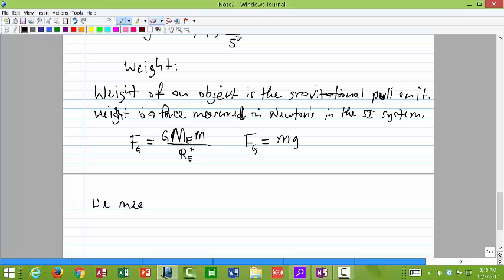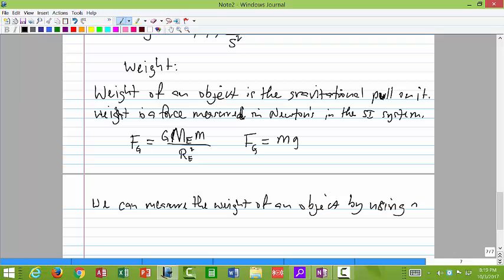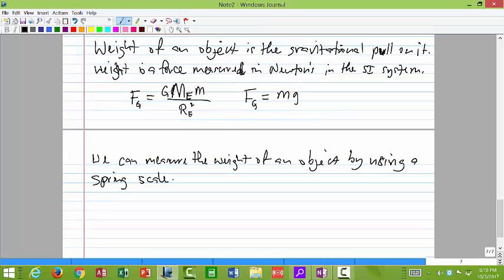So we can measure the weight of an object by using a spring scale. Okay, so we measure the weight of an object by using a spring scale.